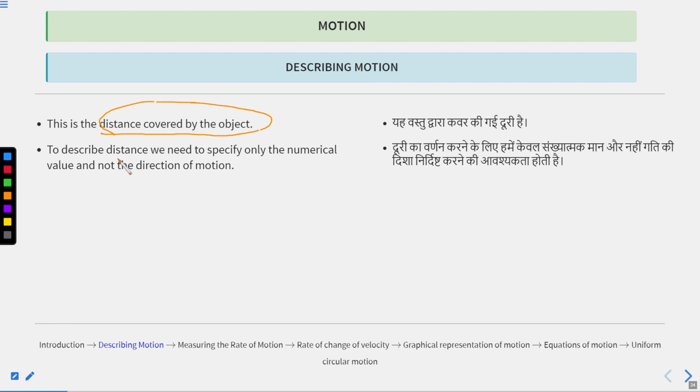To describe the distance, we need a numerical value, but we do not need a direction. For example, you first go from O to A north 5 kilometers. Then you walk away in the west direction 10 kilometers. Then you move back to south 2 kilometers. Then you move again to the west direction 4 kilometers. How much distance have you traveled?